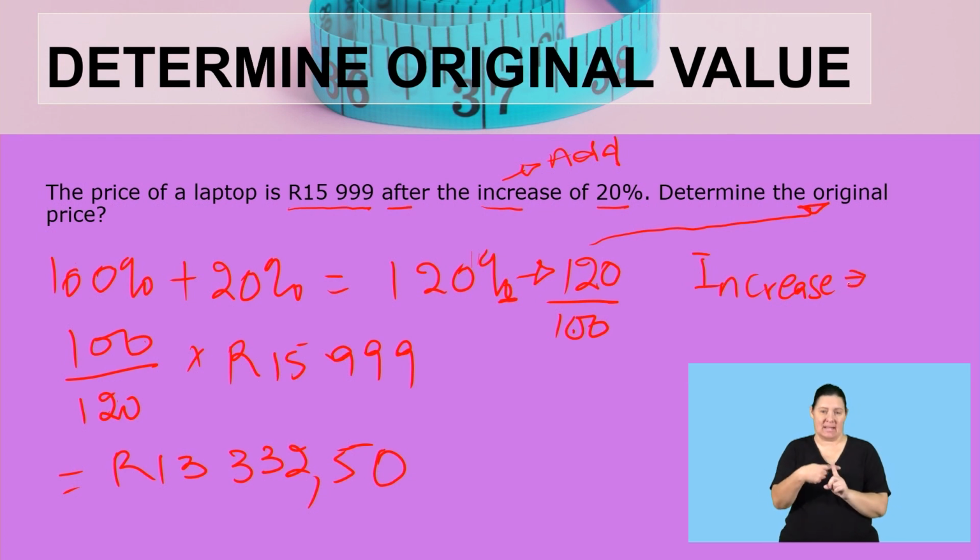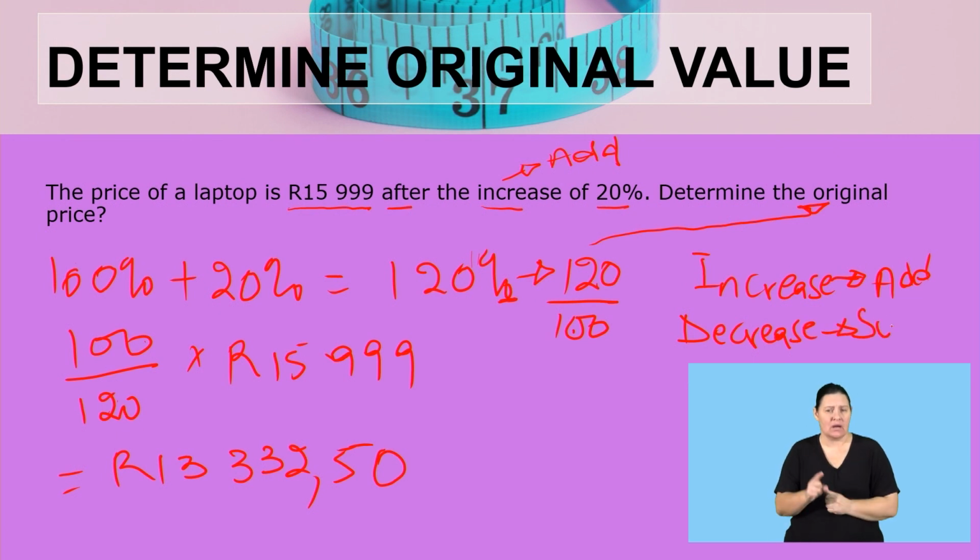Just to recap, when the question shows that there's an increase, it means we add. And if the question shows that there was a decrease, then we subtract. What is it that we're adding and subtracting? We always add and subtract the percentage given from 100. You either add it to 100 or you subtract it from the 100. That is the principle.